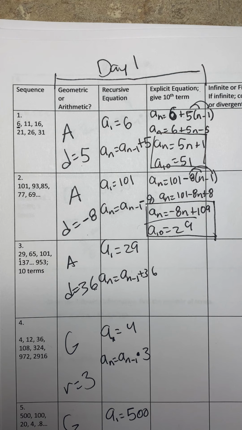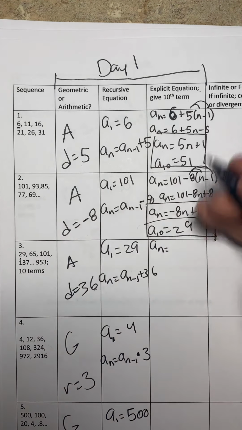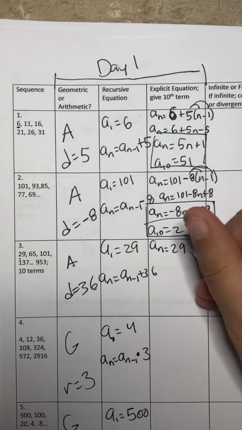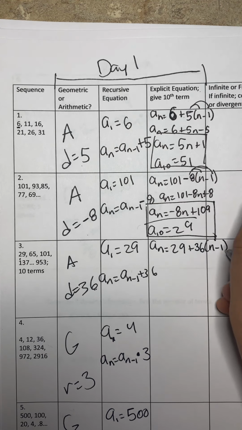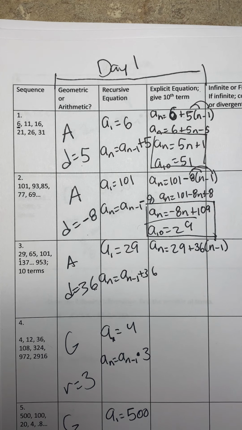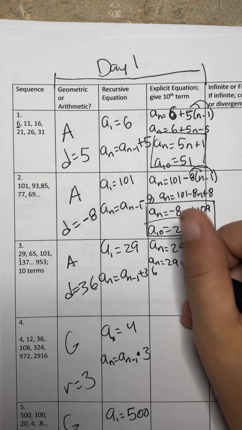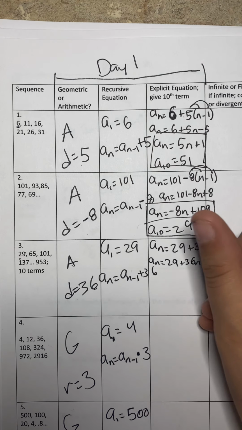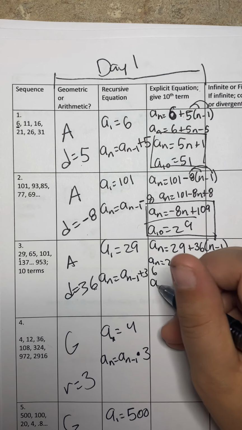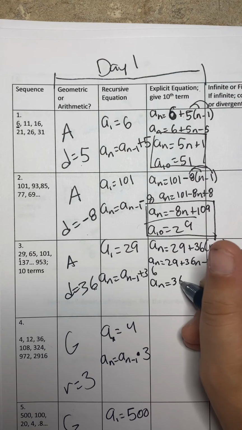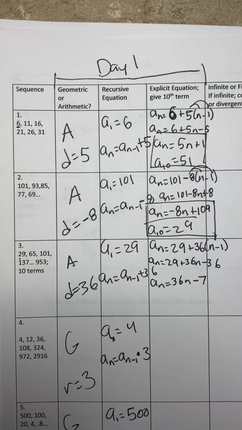Okay, so then my last arithmetic one, we start with a sub n is equal to my first term, 29, plus my common difference, 36, times n minus 1. And so we distribute, so a sub n is equal to 29 plus 36n minus 36. And so then that becomes a sub n is equal to 36n minus 7, because 29 minus 36 is negative 7.